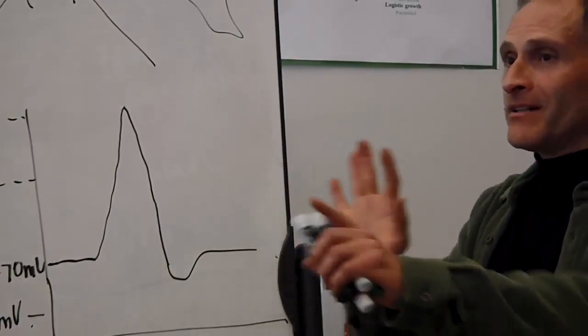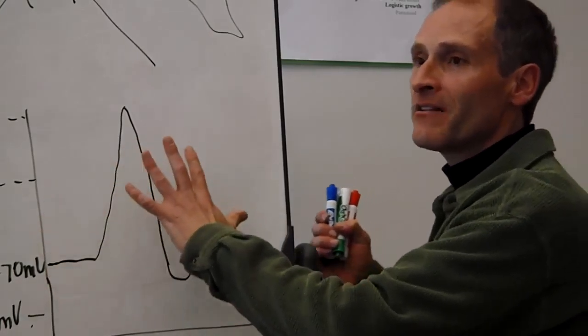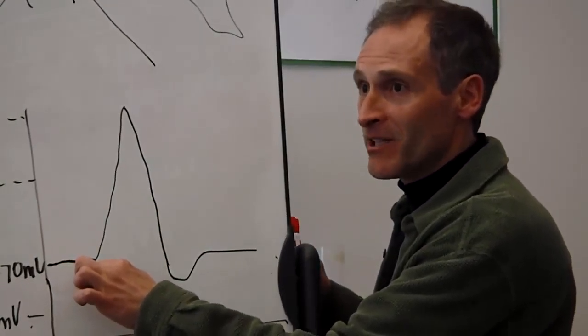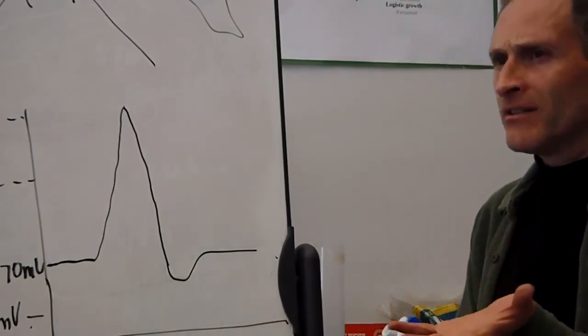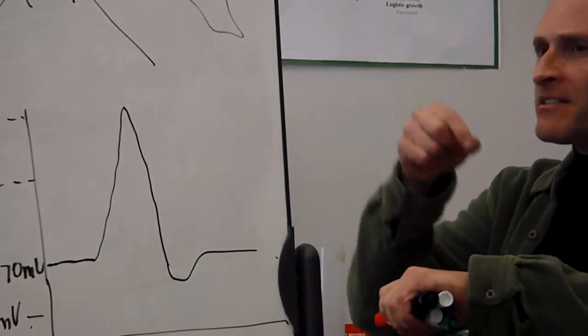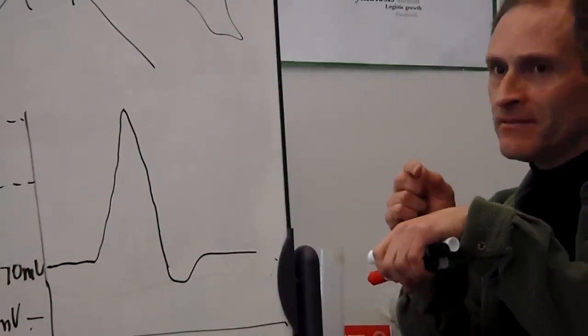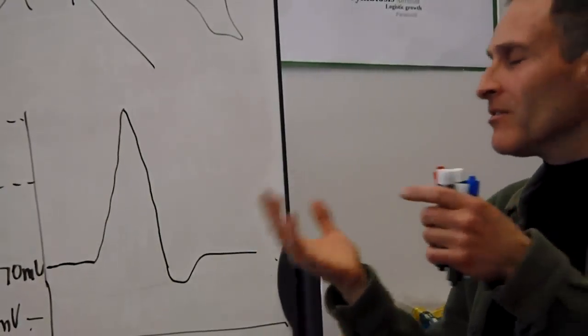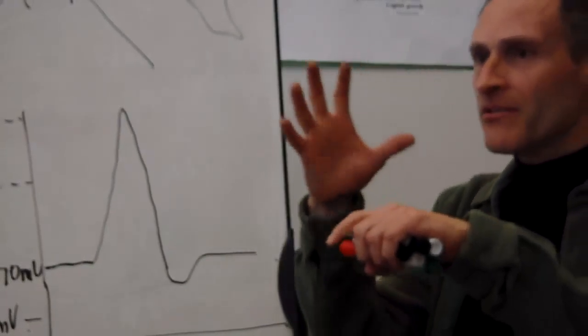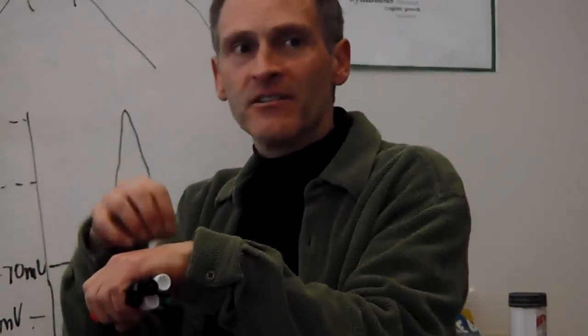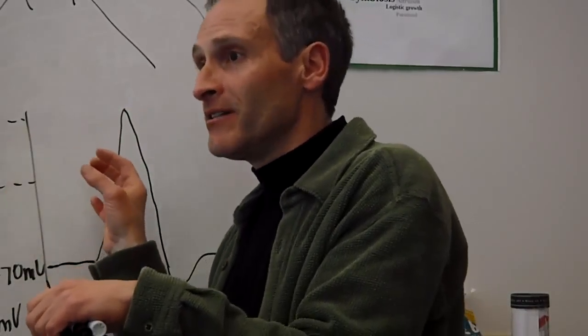Okay? All right, so what we're going to do is follow this. Right now, we're at minus 70 millivolts. And understand there's a threshold. If a piece of dust lands on you, are you going to feel it? No. There's a threshold of pressure that the nerve is going to need in order to send an impulse.